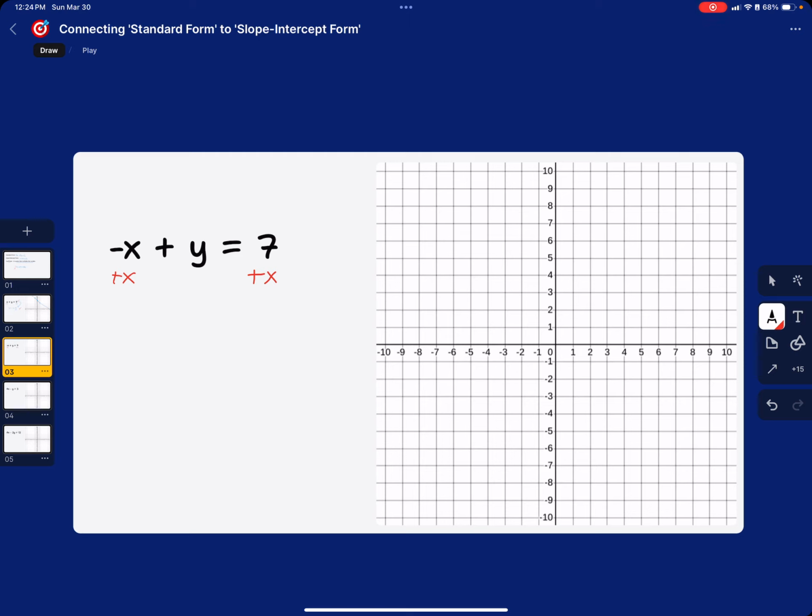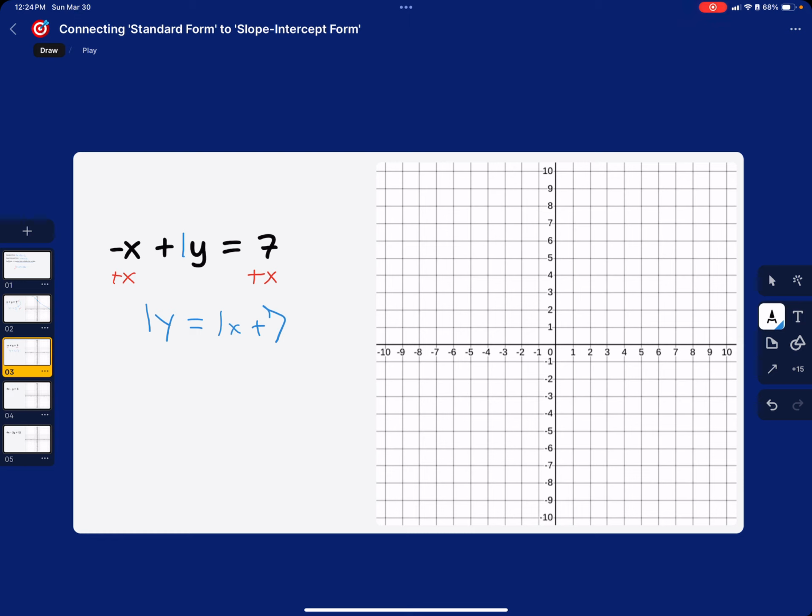If it's negative x, the opposite is positive x. Now let's rewrite our equation a little bit more neatly and organized. We have positive 1y, which is what we want, equal to, and let's put the slope first, positive 1x plus positive 7.